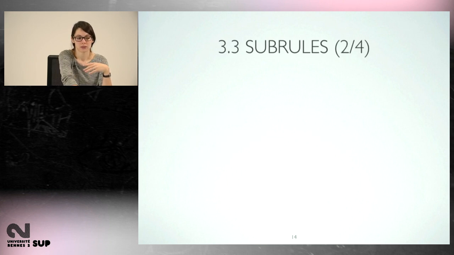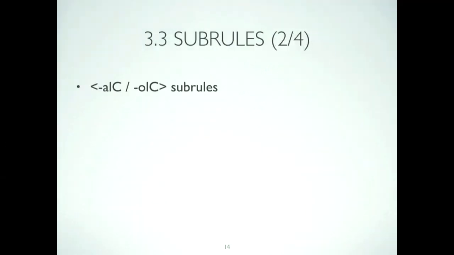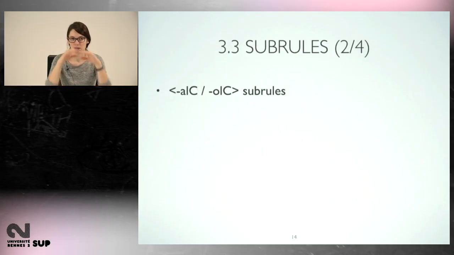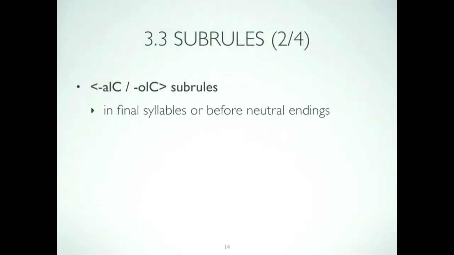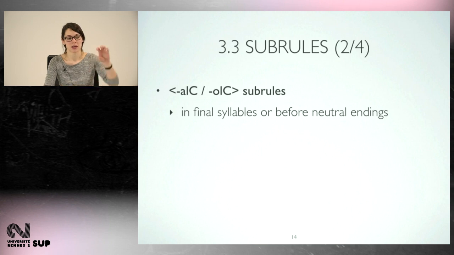Then you have another rule, which is called the ALC and OLC subrules. There's actually a set of subrules here. This subrule applies to words that end in ALC or OLC. The capital C means that instead of the C, it's going to be a consonant.